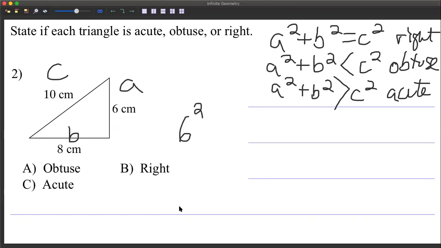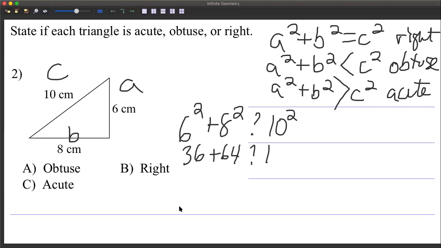So I'm just going to check how 6 squared plus 8 squared compares to 10 squared. 6 squared is 36, 8 squared is 64. How does that compare to 100? Well, 36 and 64 is 100, so it turns out they're equal. If it's equal, I know I have a right triangle.